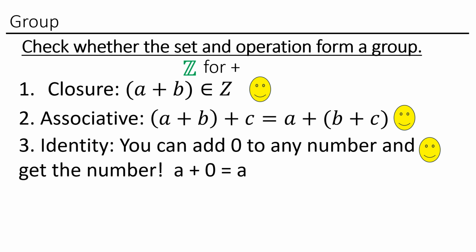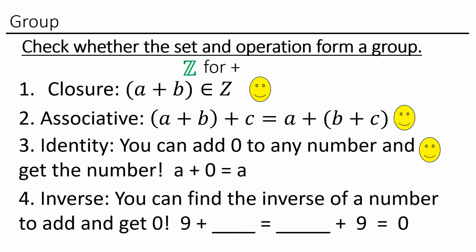The last one that has to work is the inverse. This says that you have to be able to find the inverse of a number in order to get 0. So they want to know, for any number that you pick, I just picked 9 as an example, can you find the inverse of 9 so that when you add it to 9, you get 0?